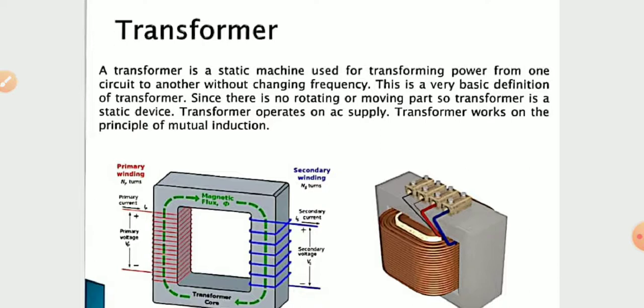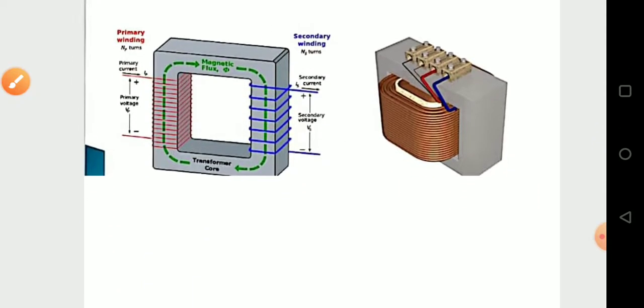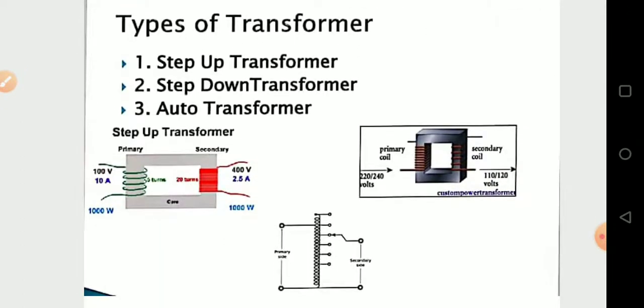It means the induced EMF equals the rate of change of flux with respect to time. The EMF produced in one winding induces an EMF in the secondary winding due to mutual induction, because the flux links both windings through a magnetic core.